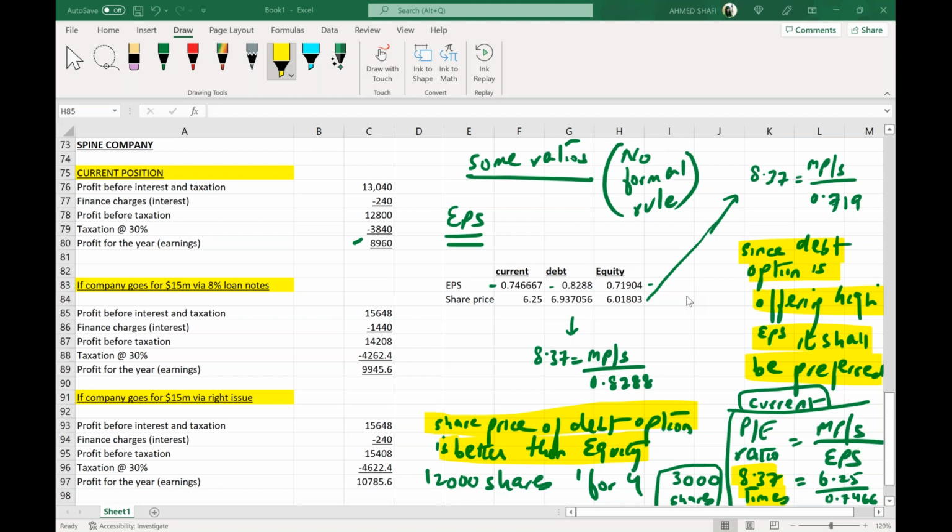Then it is never recommended to just take the decision on one ratio only. Obviously, at least you should get two ratios in sight.